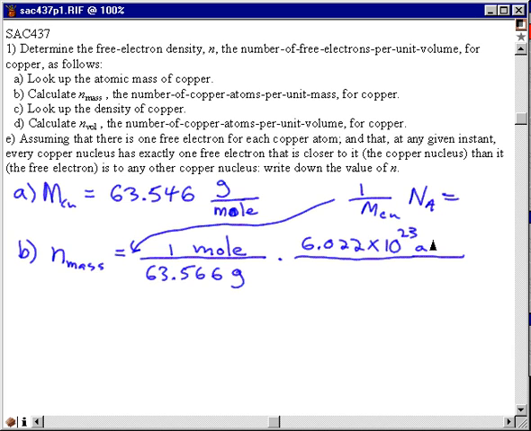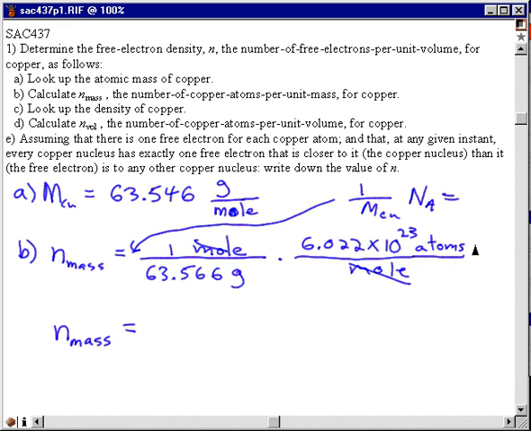In this case, the particles are atoms of copper. And multiplying that out, I find the number of particles per unit mass.